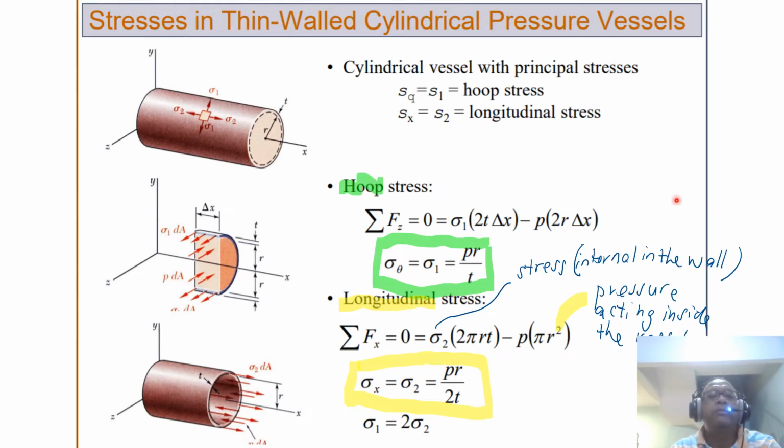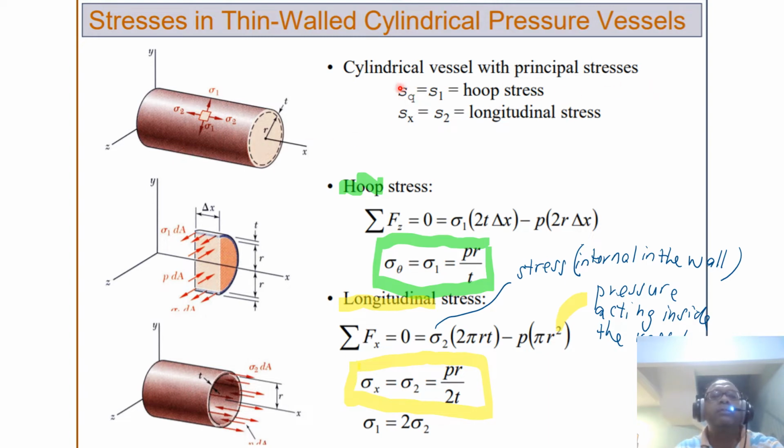We'll do two types of pressure vessels, the cylindrical and the spherical, but we'll start with the cylindrical pressure vessel first. Look at this simple pressure vessel, where you apply a pressure inside it just like a pipe. It is continuous along the axis, and there are two types of stress.